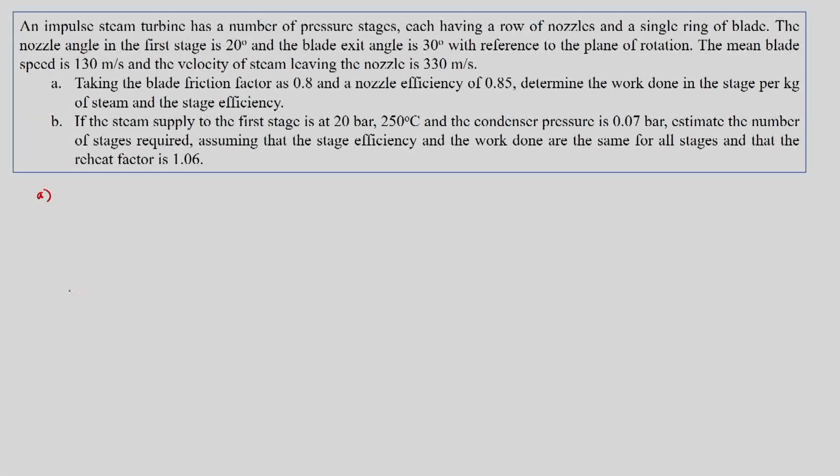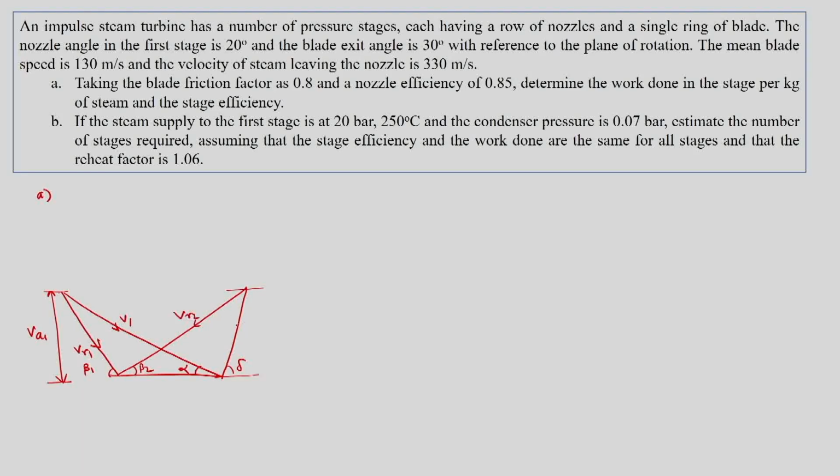So for that, let us draw again the velocity triangle. This is V1, this is VR1, this is VA1, beta 1, alpha, beta 2, delta.